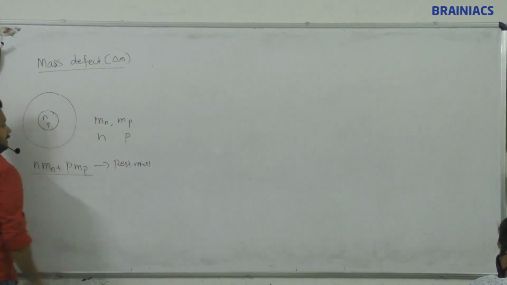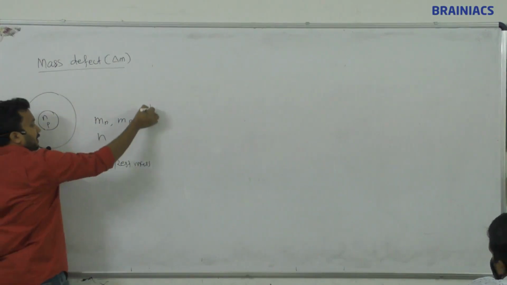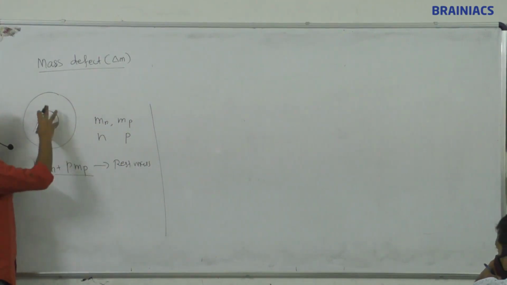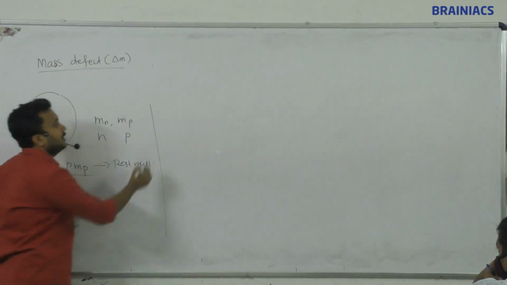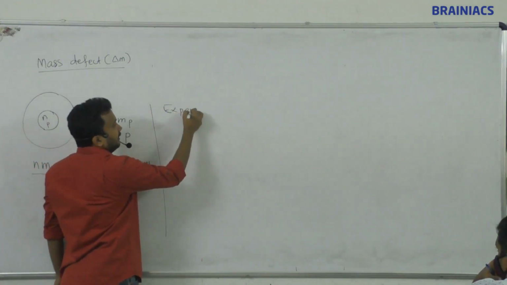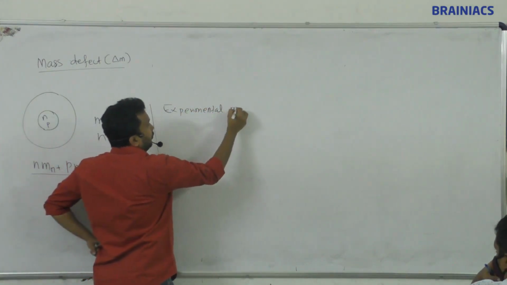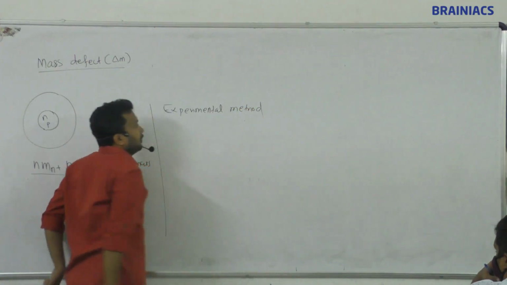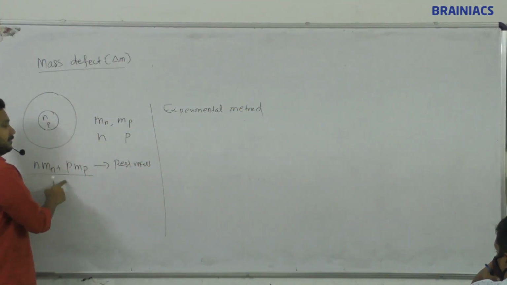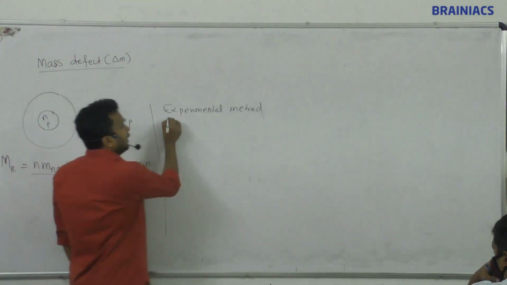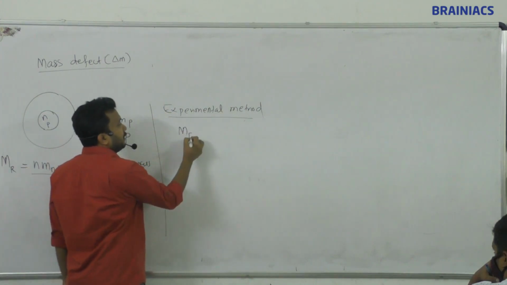But practically there are some experimental methods to measure the mass of the nucleus, the mass of an atom, etc. The mass we calculated I am calling rest mass, and the one through experiment I am calling experimental mass.